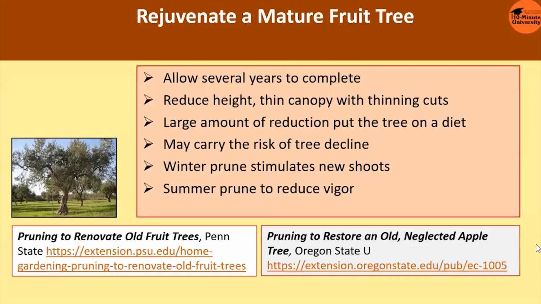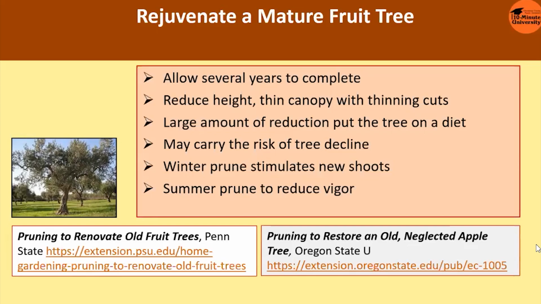But keep these ideas in mind. Number one, when you are doing major surgery on an established tree, always think 3 to 5 years to complete the job. Number two, in general, you're reducing height and opening up the canopy with thinning cuts in order to let light in and stimulate new growth further down in the tree in order to lower the height.